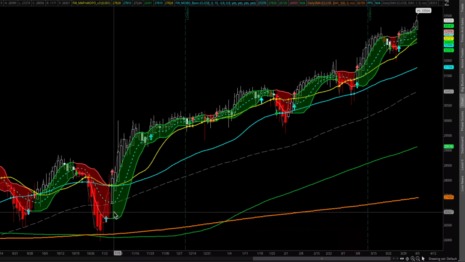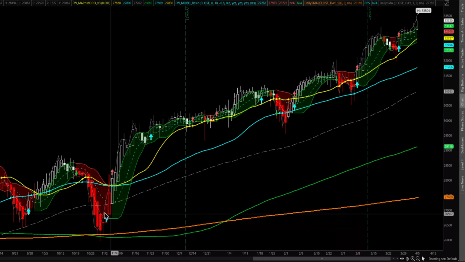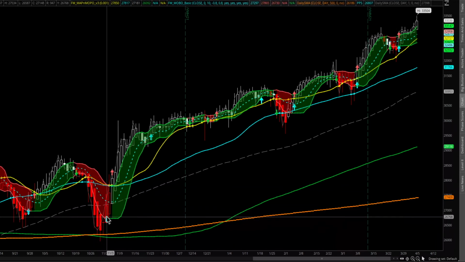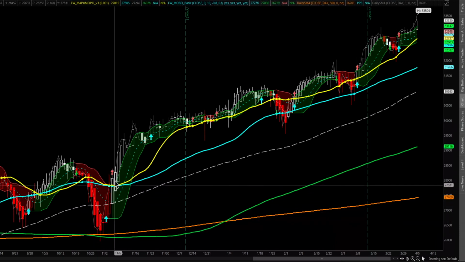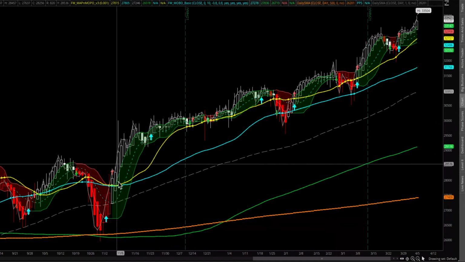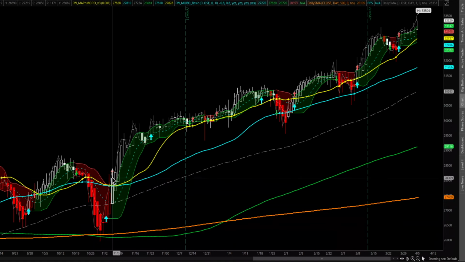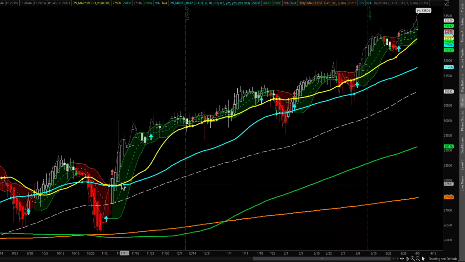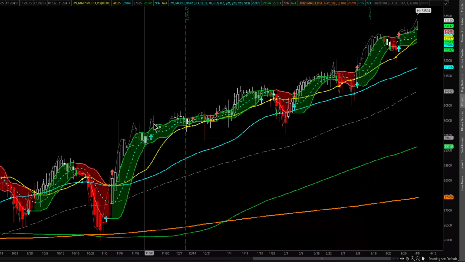I won't get into that, but I will tell you this is where you will get in. This is the buy signal. You can wait until everything lines up, then you get in, maybe once price closes above the 20 and the 50, and then you could just ride this.